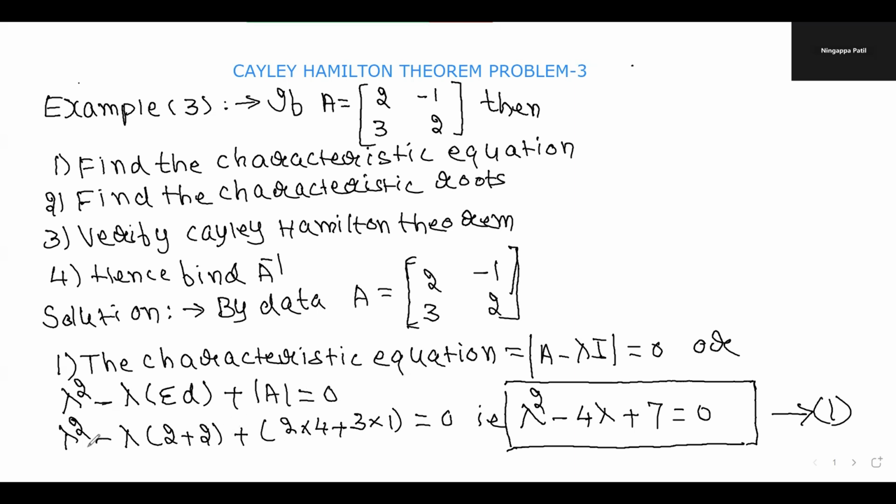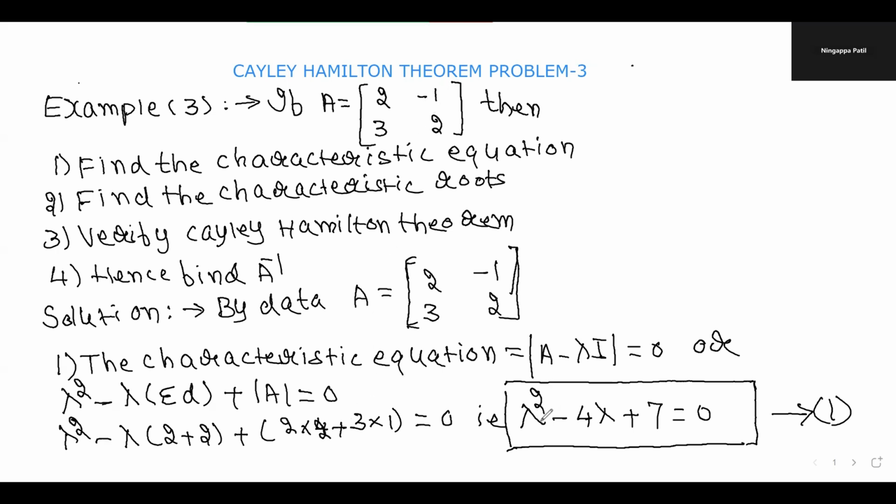Now, lambda square minus lambda times the summation of diagonals. Look here, summation of diagonals, 2 plus 2, plus the determinant: 2 into 2, minus of minus means plus 3 into 1.